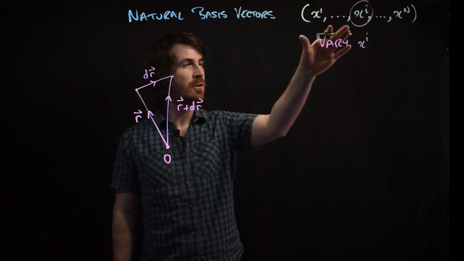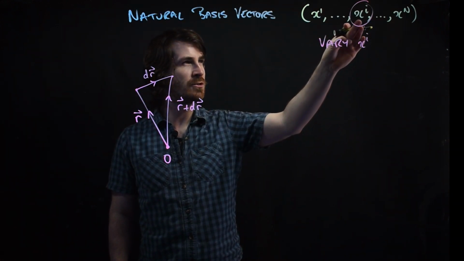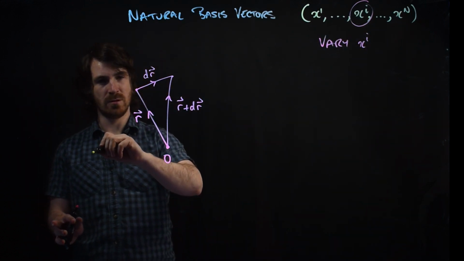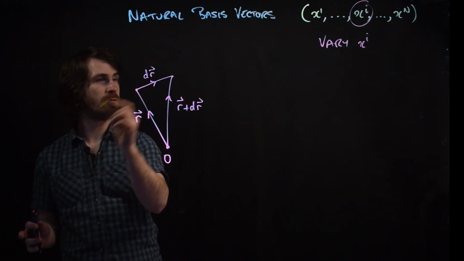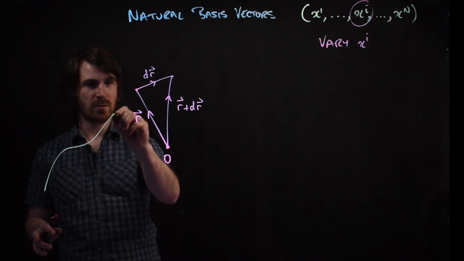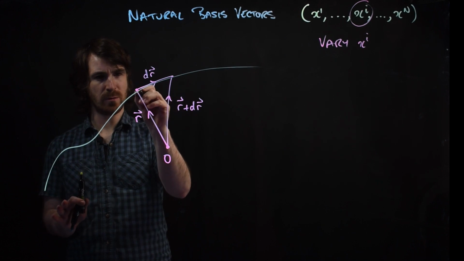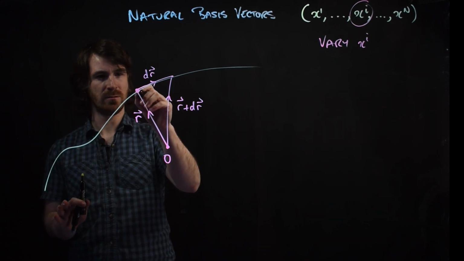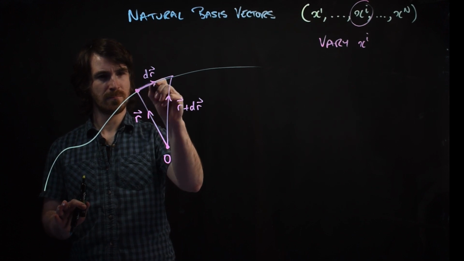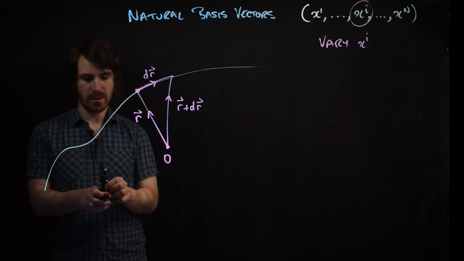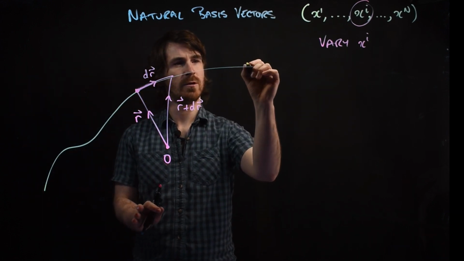It's the curve traced out by varying just one of these coordinates whilst keeping all others constant. So maybe the coordinate curve for the ith coordinate looks like this. Badly drawn, but dr is tangential to this curve. Okay, so this is the coordinate curve for xi.